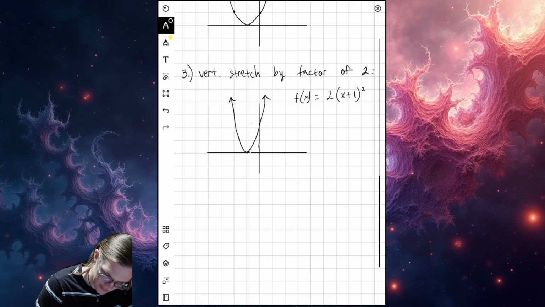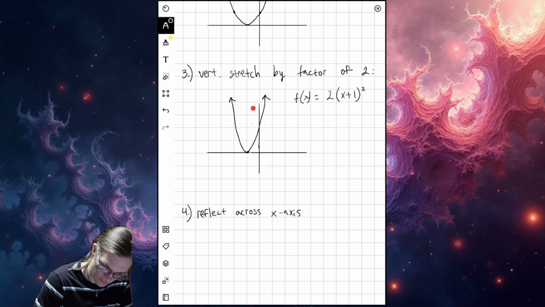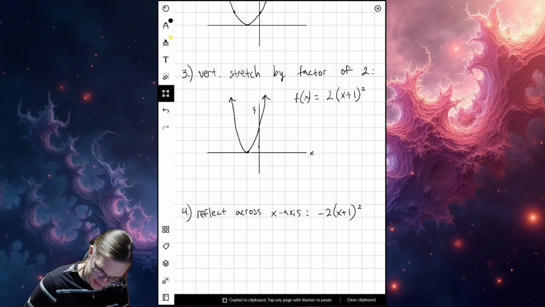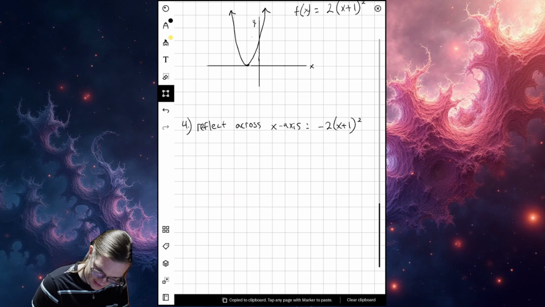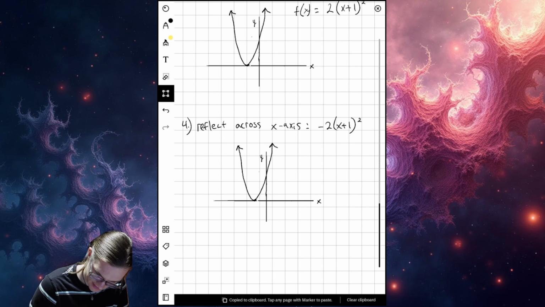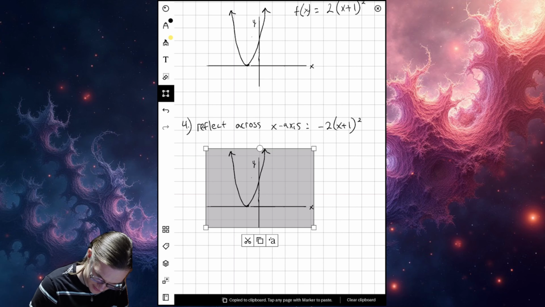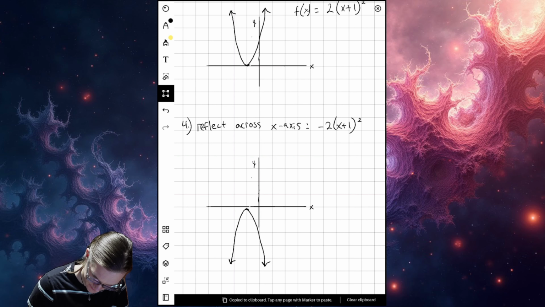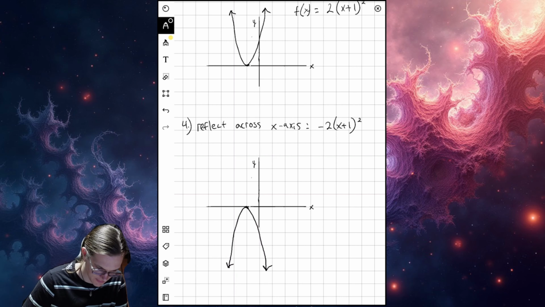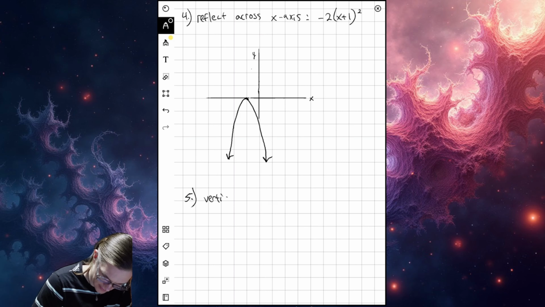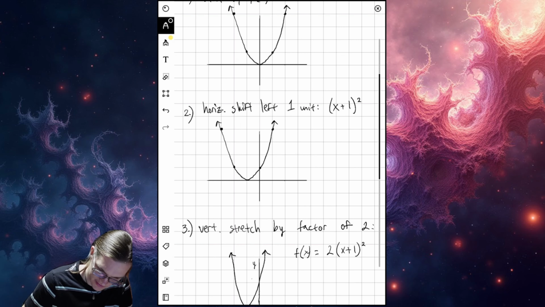And then the next step will be that negative sign we have to deal with. So reflecting across the x-axis, or along the y-axis, whatever you prefer to call it. Two different ways to think about it. It's the same thing. Reflecting this across the x-axis, now we'll add that little minus sign there. Take this, reflect it, pretty close. Okay, so now it's reflected. Let's go back up here and make sure we're doing what we need to do.